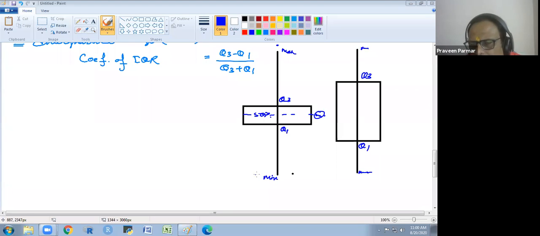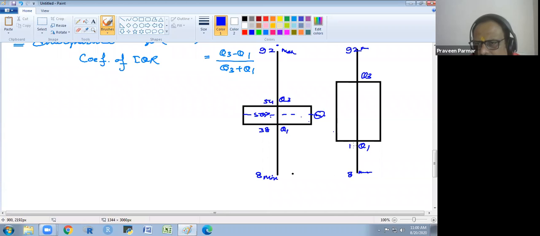Suppose I have values that start from 8 and go to 92, and here I have 38 and 54.